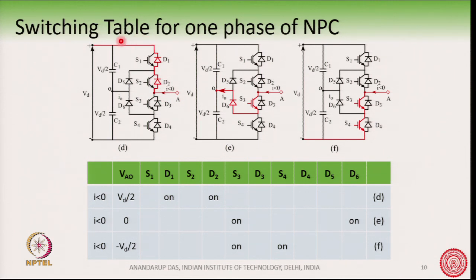And therefore, since the diodes are ideal, I will get VAO voltage to be plus Vd by 2. It is shown on this row here.